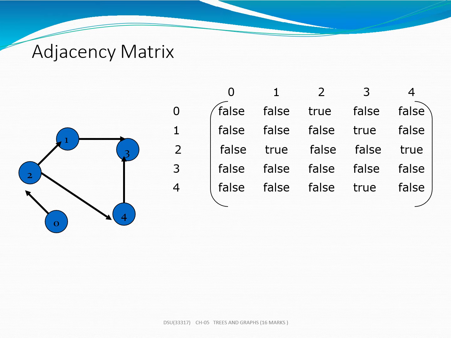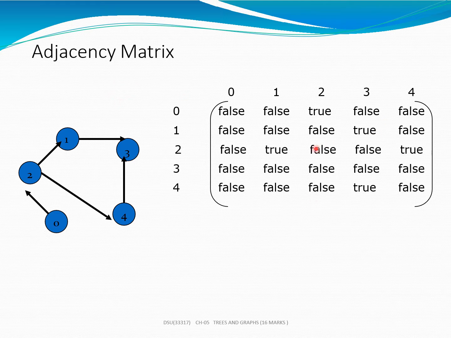See here, this is the adjacency matrix and this is the graph. The edges are 2 to 1, 2 to 4, 0 to 2, 4 to 3 and 1 to 3.